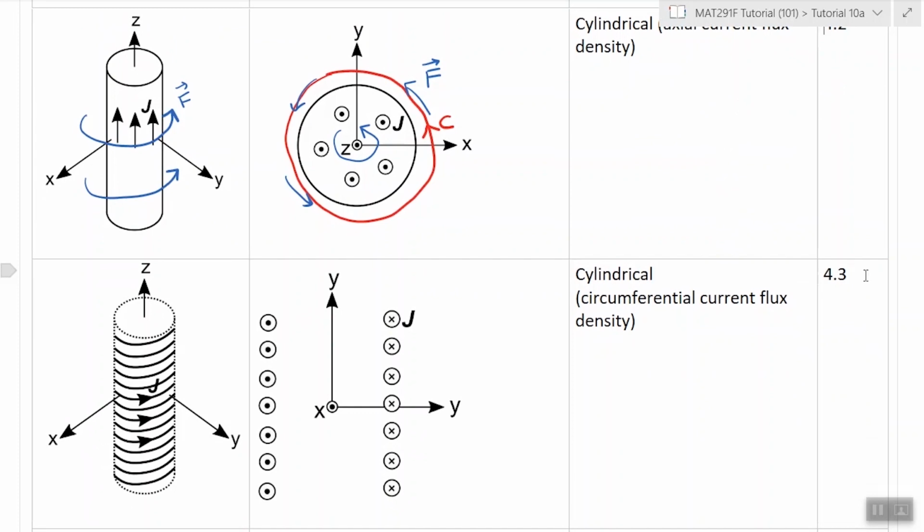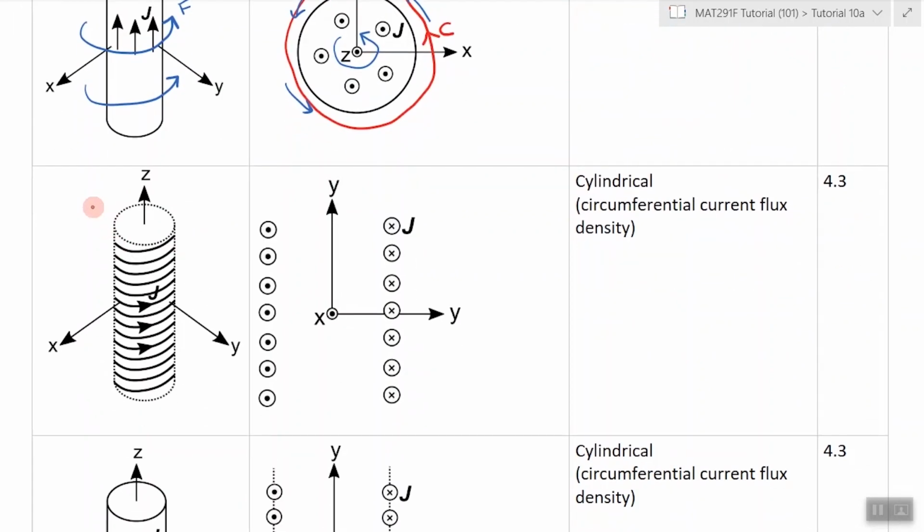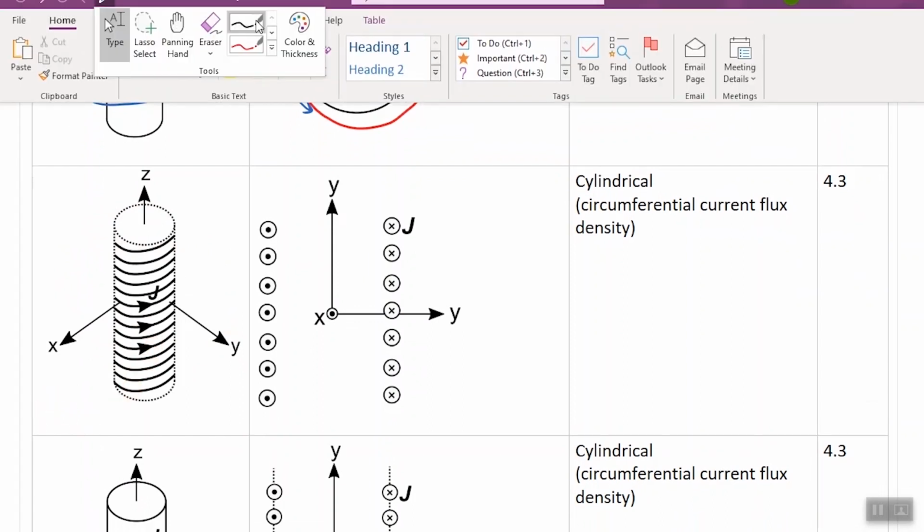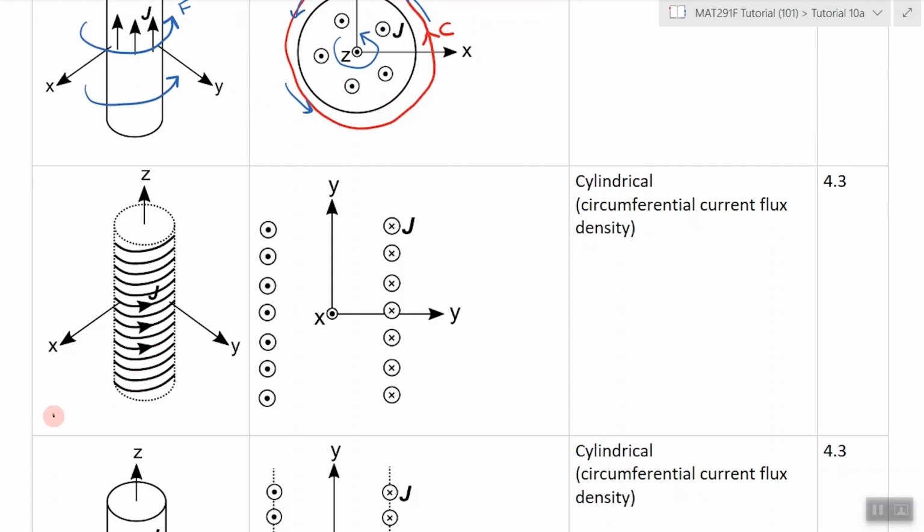In section 4.3, you have geometries like this one. This is an infinite axial helix.